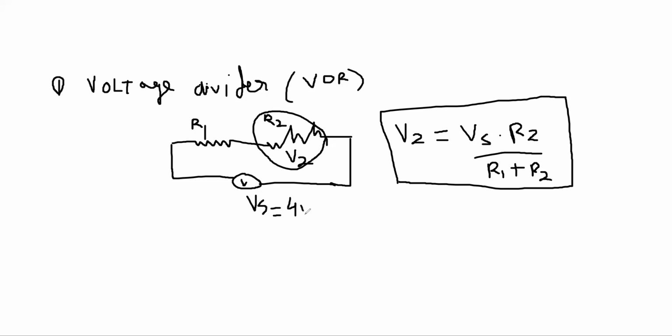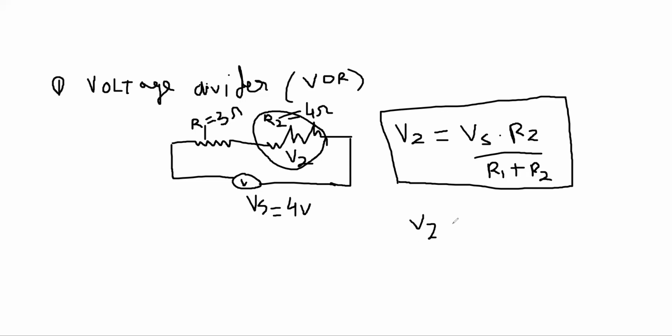Let us suppose this Vs is 4 volt, R1 is 3 ohm and R2 is 4 ohm. So if anyone asks us to find the voltage V2 across this R2 resistor, we will easily find it.